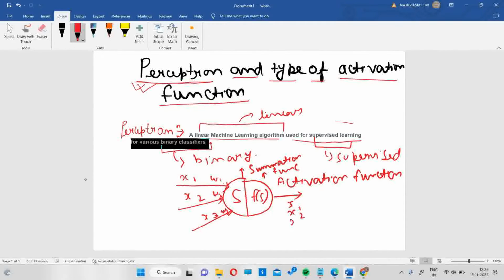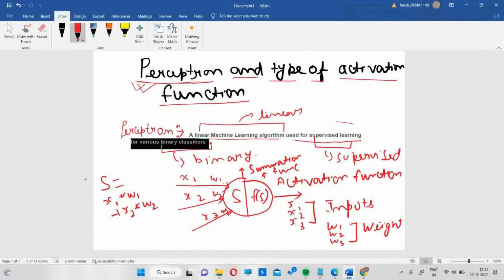x1, x2, x3, these all are inputs. w1, w2, w3 are weights. And then s, which is the summation function, its value is equal to x1, meaning input 1, into weight 1, plus x2 into w2, plus x3 into w3.